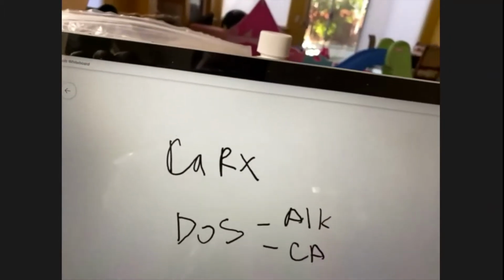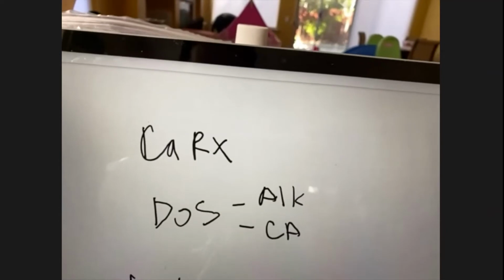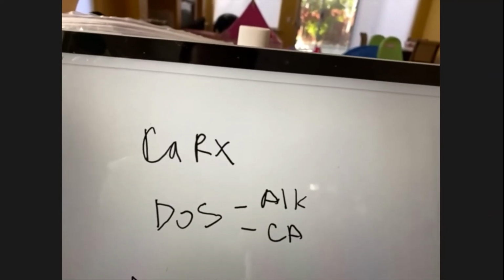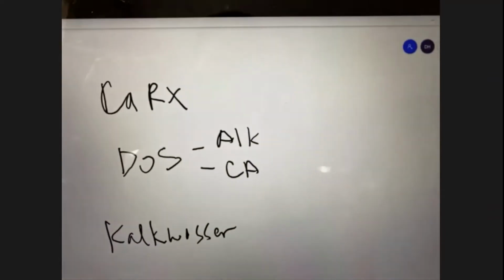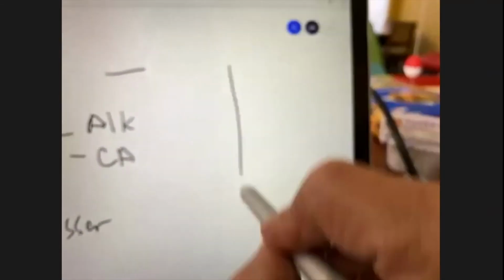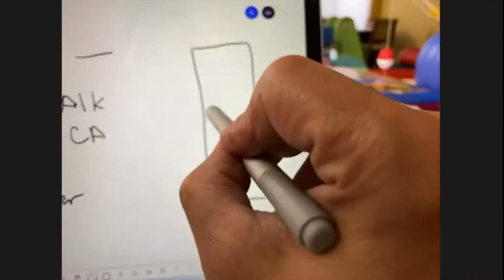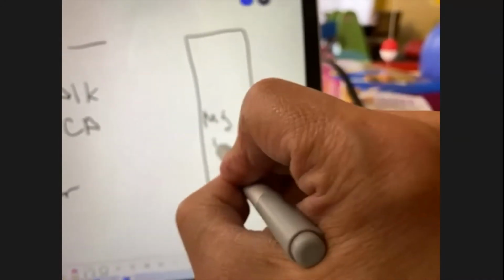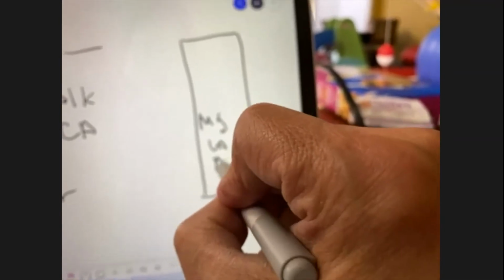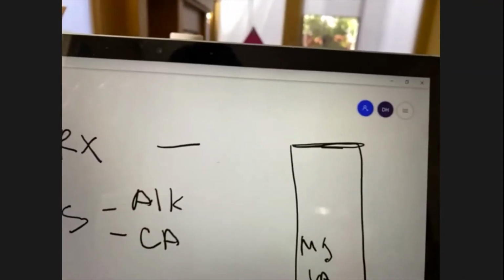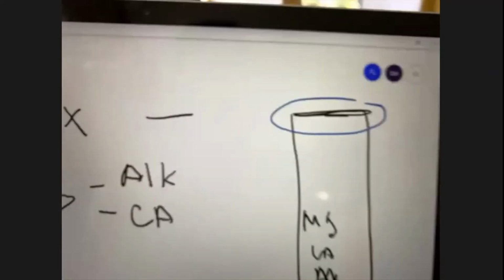I also have Kalkwasser. So this is how I control my levels. This is the level I want to keep, all my mag, my calcium, my alk. So up here would be my ideal level. That's what I want to keep. I want to be up here.